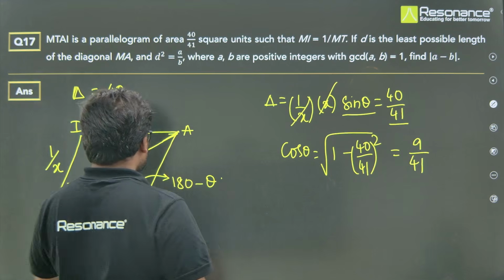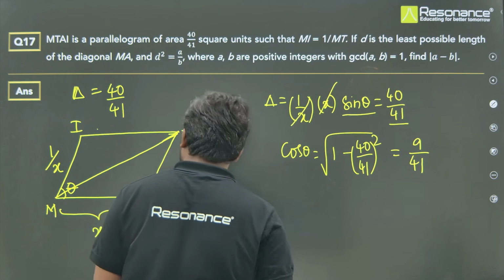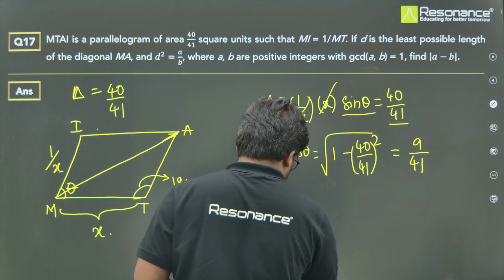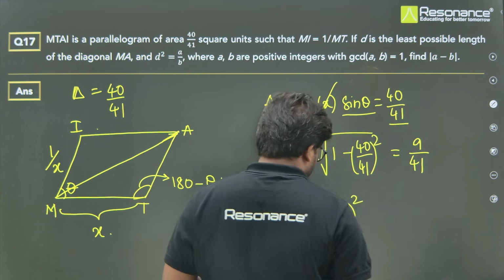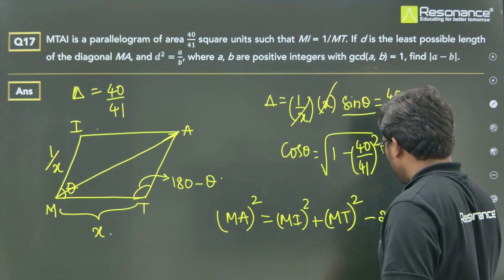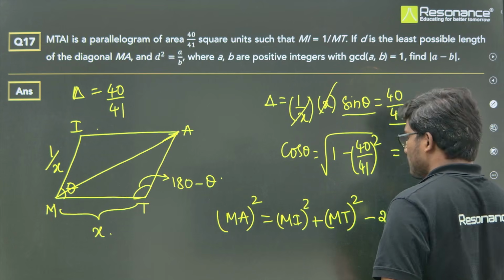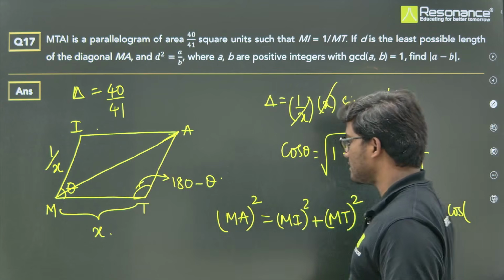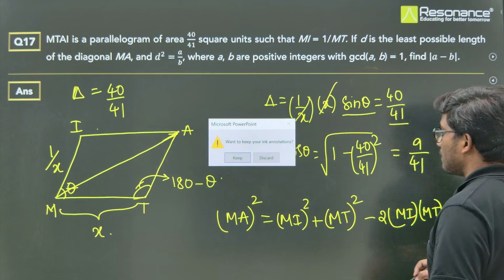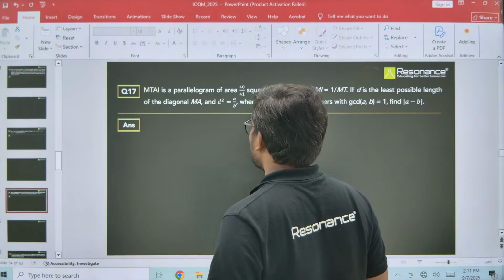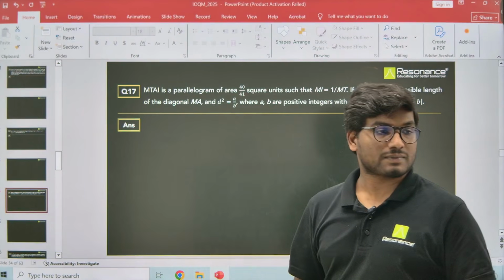So MA square is MI square plus MT square minus 2 MI MT cos, what is the angle included in here? 180 minus theta. Oh, sorry. I'll just come back.